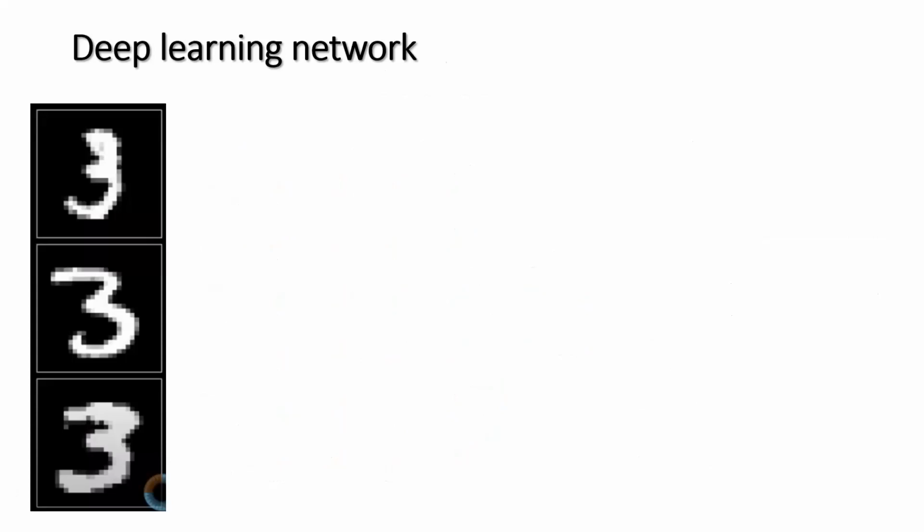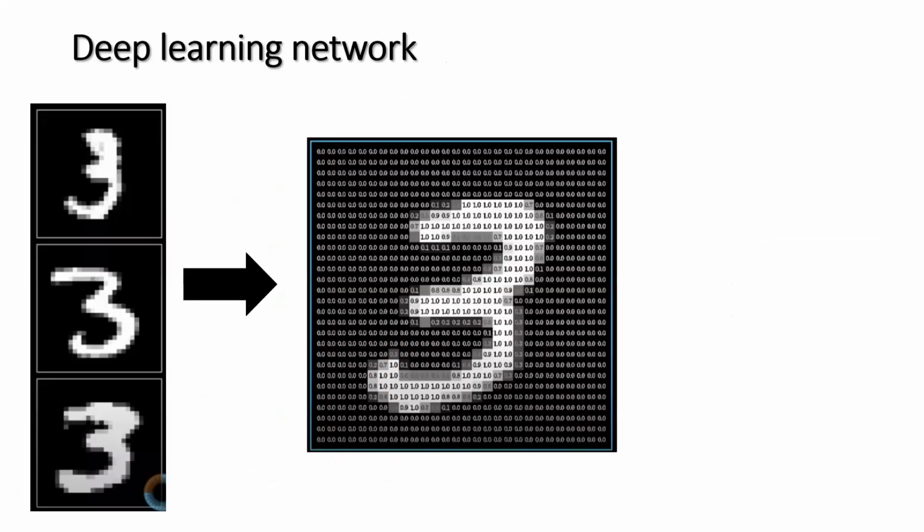Now, you can see that these are all the digit 3 in a very pixelated way, but a computer is based off numerical data. So this would be the information that the computer would receive. It's a 3 by the values and the spread of the positive signals from each place that the 3 is covered.